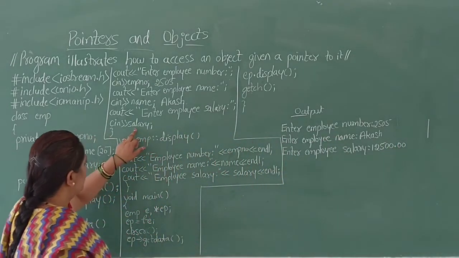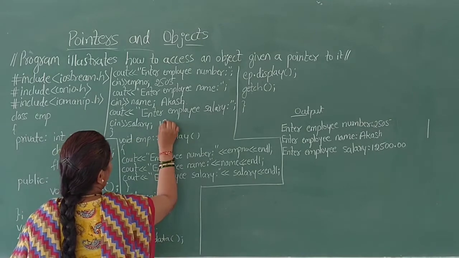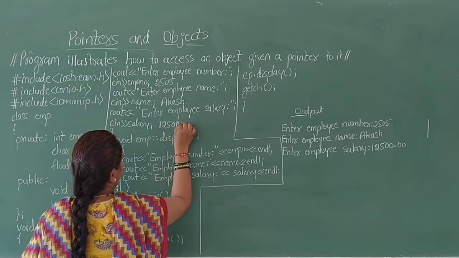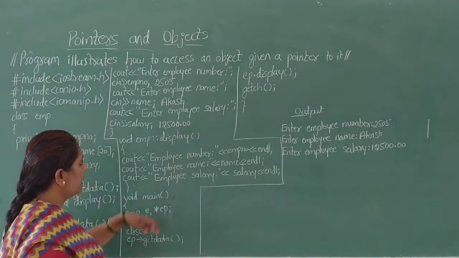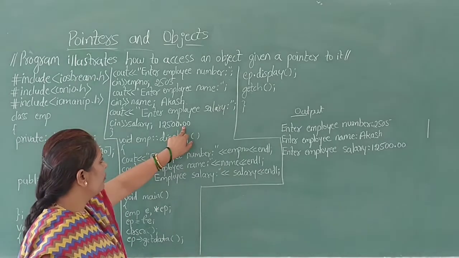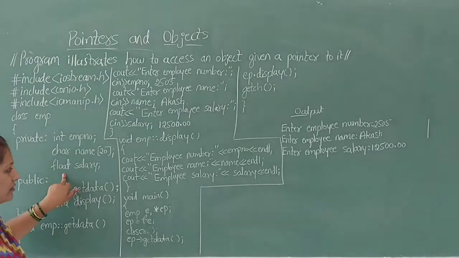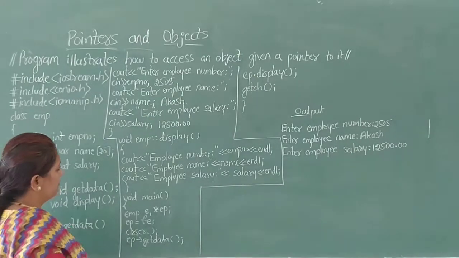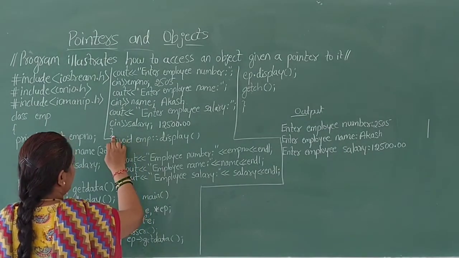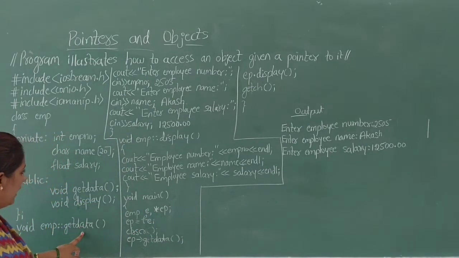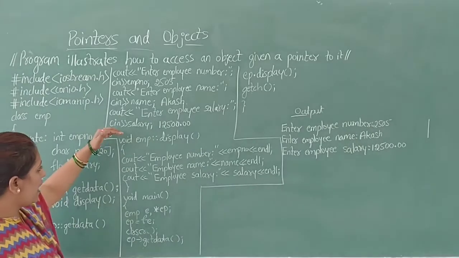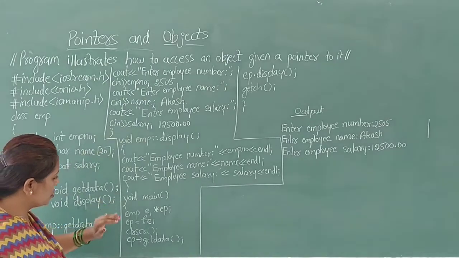Okay, then the salary value is given as 12,500.00. Here, why do we take a decimal point value .00? Because the salary data member is declared with data type float. Then it ends the execution of the get data member function and the control statement goes to the void main function.